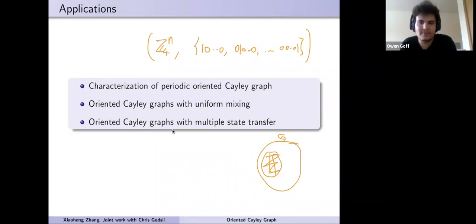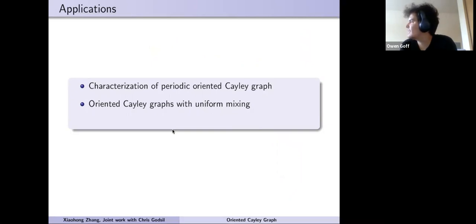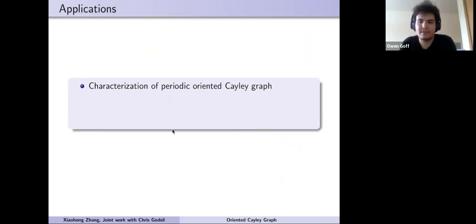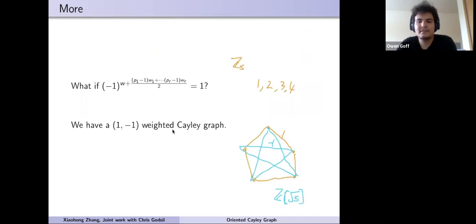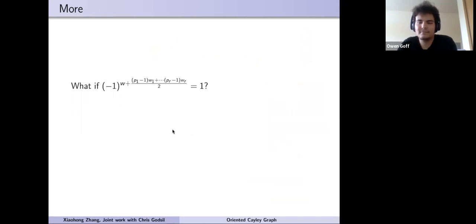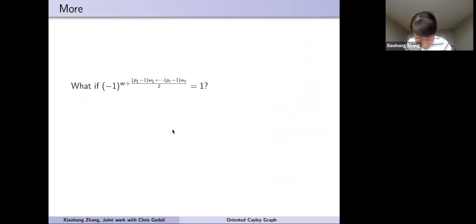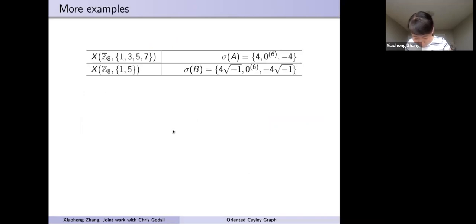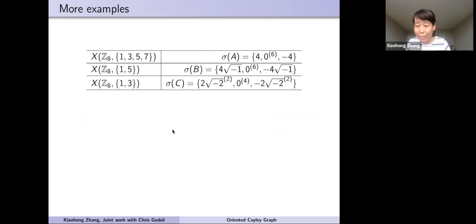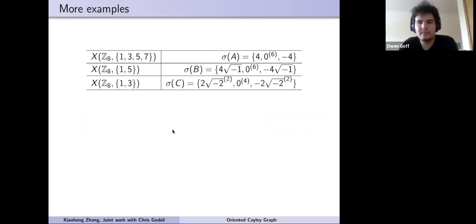I have a question from a few slides ago, just making sure I'm understanding this. Back when you were listing out the spectra of various graphs, right here, go back one.